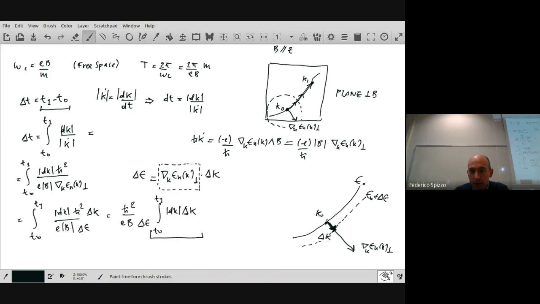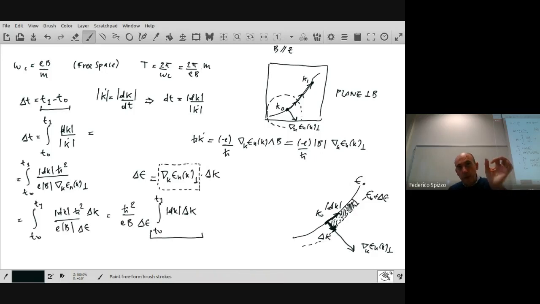If you look at this diagram, dk is along the trajectory. Delta k is orthogonal to the trajectory. So dk times delta k is the area of this rectangle. And as the electron, as the level moves along the trajectory, you always consider dk and delta k, so a new rectangle, dk and delta k, a new rectangle.